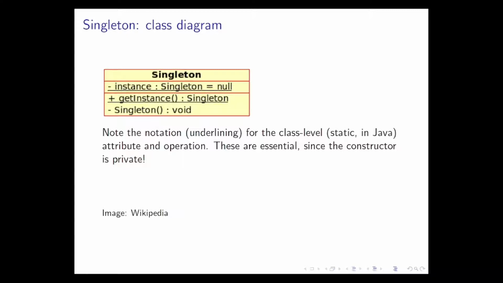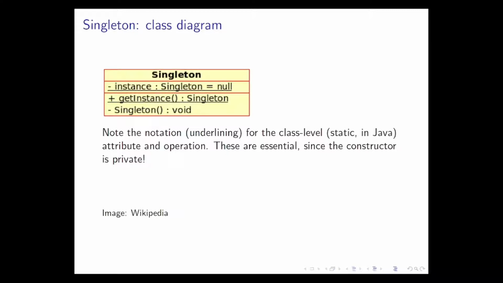So when you as a client ask the Singleton class to getInstance, and if it so happens that no other client has asked this class to getInstance previously in this run of the system, then a new Singleton object will be created, and then you will be returned a reference to it, and you'll carry on quite happily using it.